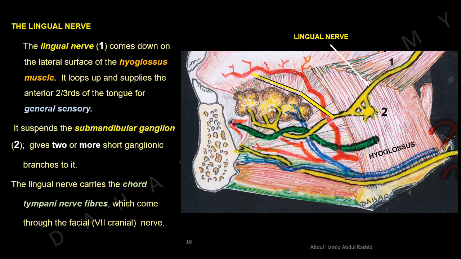The lingual nerve suspends the submandibular ganglion, number 2. The lingual nerve gives two or more short ganglionic branches to the submandibular ganglion. The lingual nerve carries the chorda tympani nerve fibers, which come through the facial, that is the 7th cranial nerve.